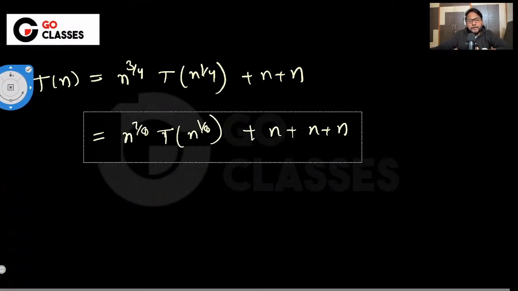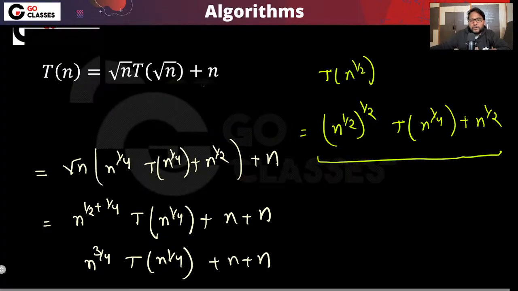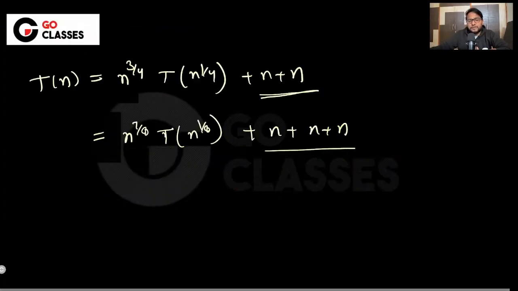Now can you observe the pattern? The summation of these two exponents is anyway 1. And if you unroll it one time, you will be getting n plus n. If you unroll it one more time, you will be getting n plus n plus n, and so on.